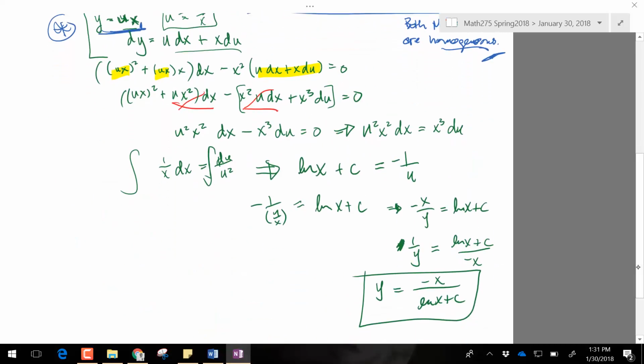Any other questions now that we got the answer? You see all the steps that are included for this differential equation? All right, let's try another one.